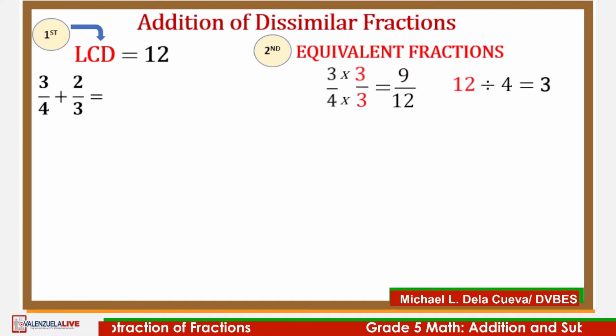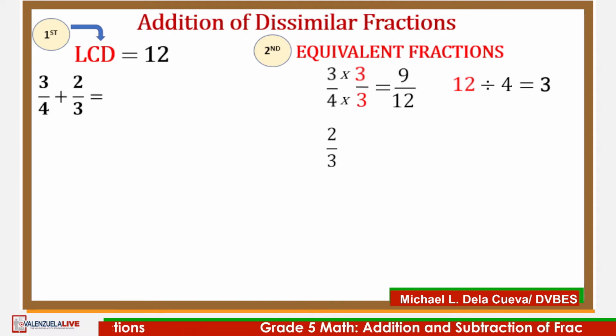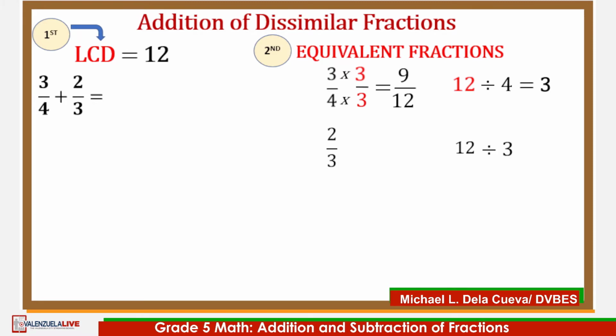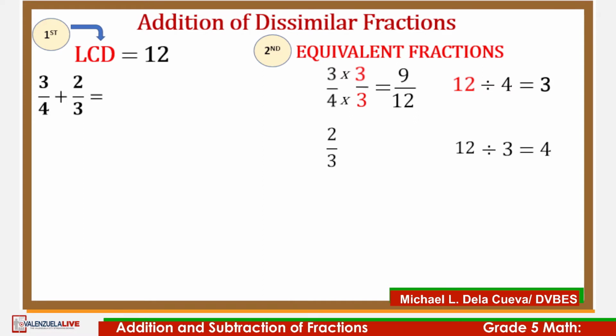Let us try 2/3. But this time, you will be the one to answer. Okay? Get the LCD, 12. And then divide by its denominator, which is 3. 12 divided by 3 is what? Okay, very good, 4.